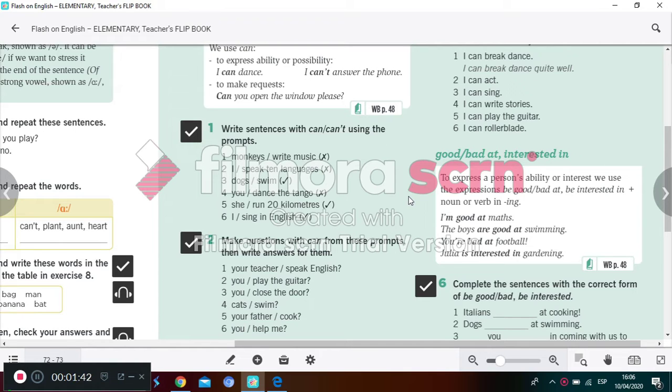For example, sentence number 1 has a cross, so is it affirmative or negative? Negative. So you need to use can't. So you write in your notebook, monkeys can't write music. Like this. It's a piece of cake.